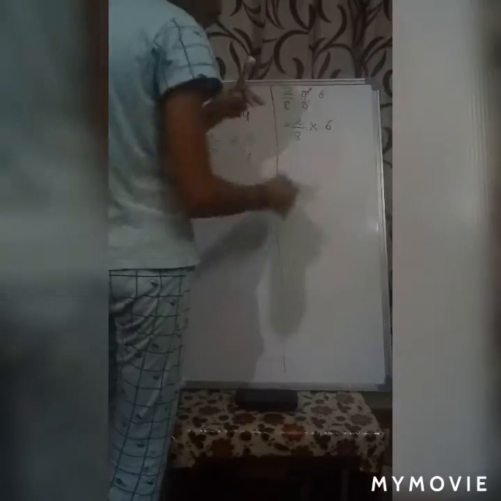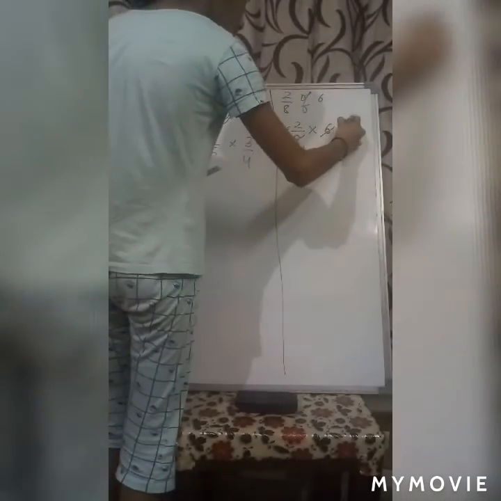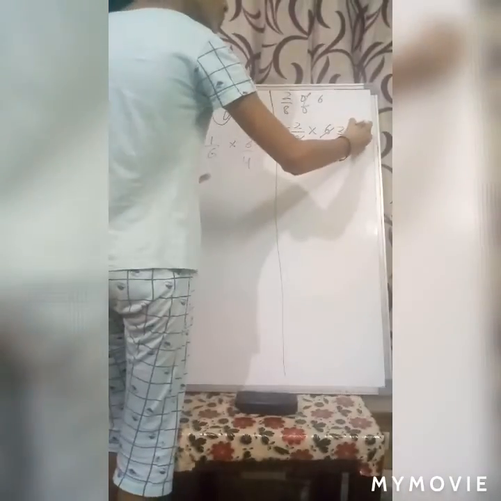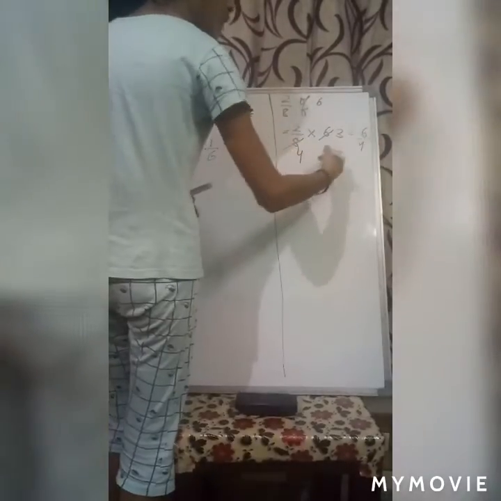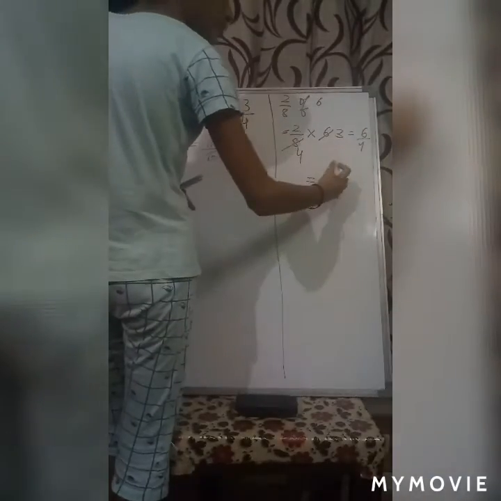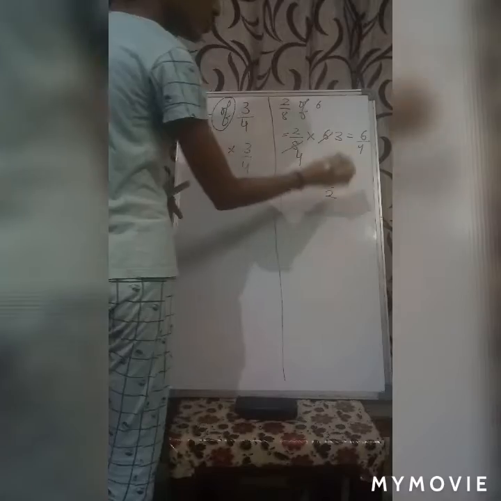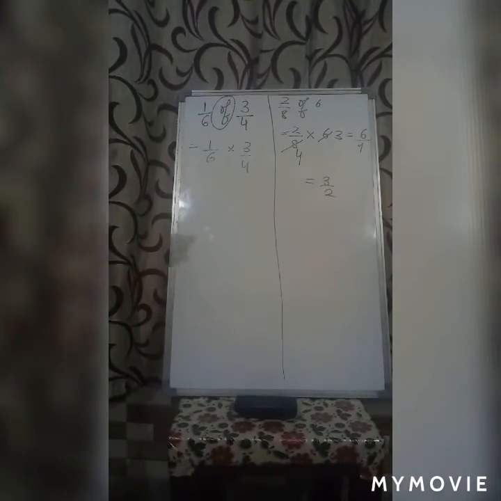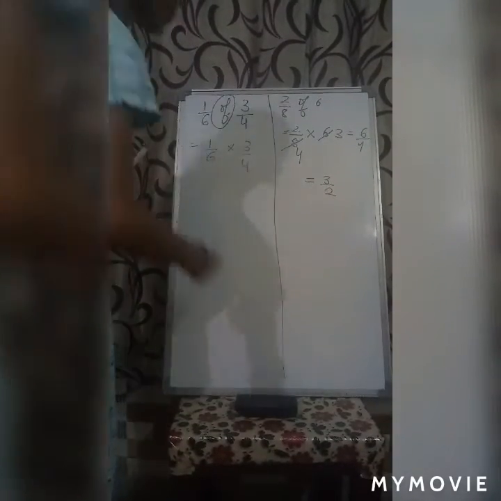These two would go by 2, giving 4 and 3, so we get 6 upon 4. You can convert it into a simpler fraction. It would be 3 upon 2. Understood? Good.